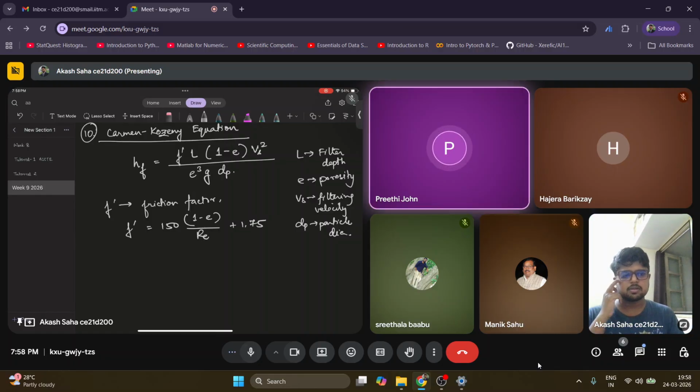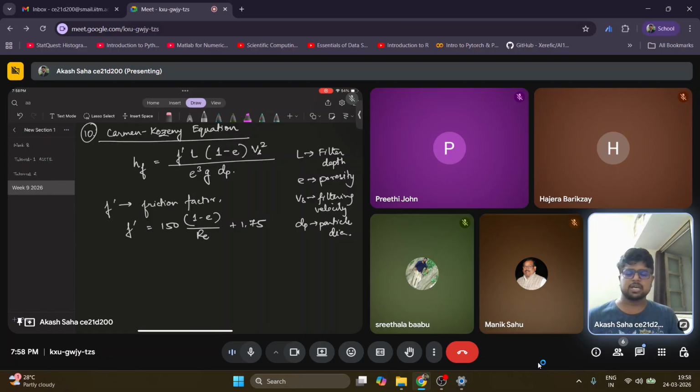Because spherical particles will behave in a certain way in the wastewater. Whatever derivation we do, we assume the particle to be spherical, but most of the time the particles are not perfect spheres. So we use a shape factor to take that into account, so that the settling velocity or the Reynolds number can be decreased by that factor.